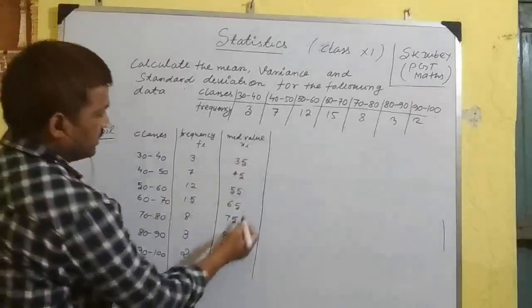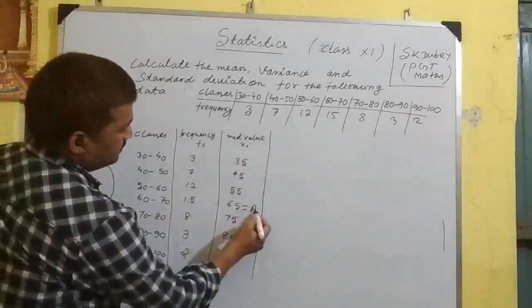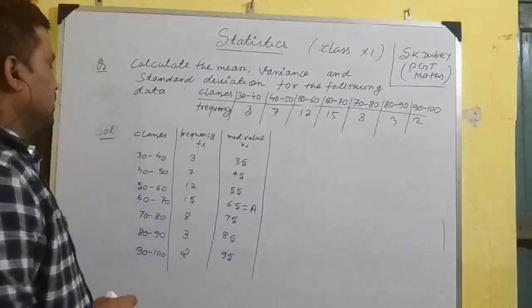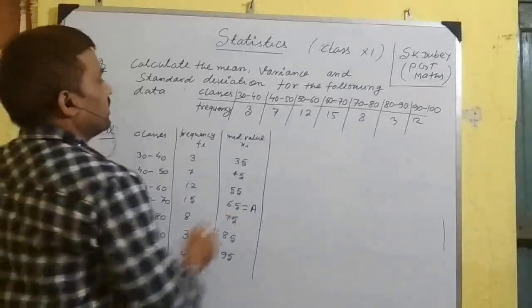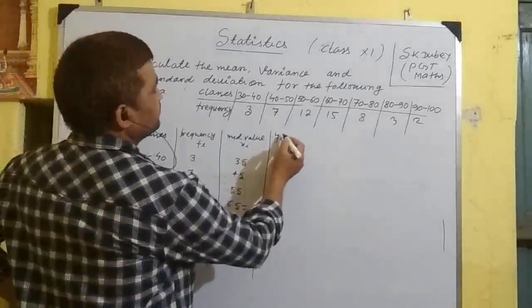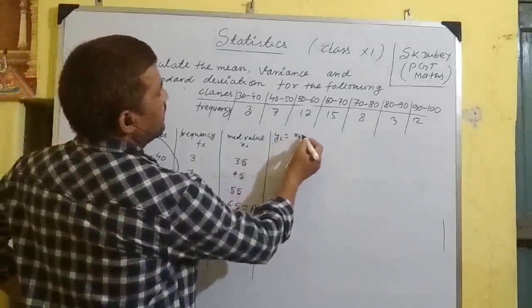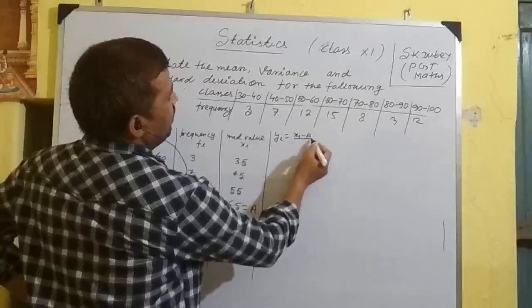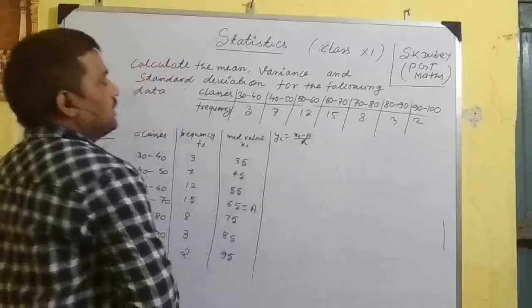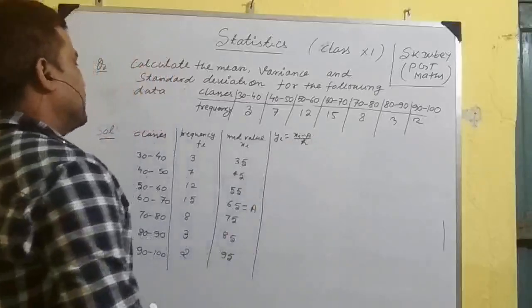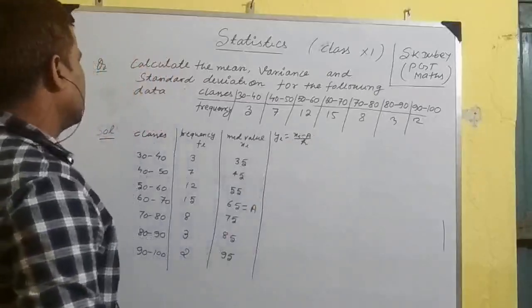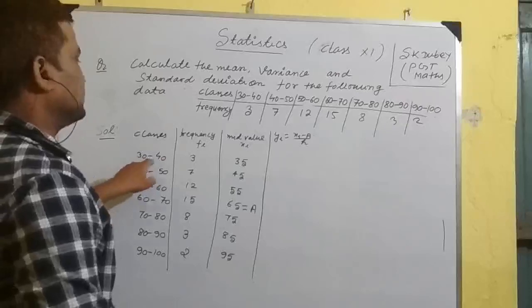We assume a mean here. Let us suppose that A is 65, then yi is (xi minus A) by h, where h is the width of the class interval, the class size, the step.